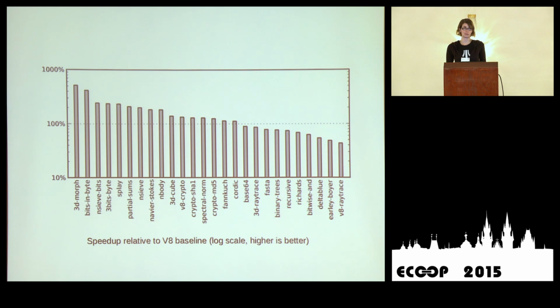This compiler has capabilities that are comparable with that of Higgs, so it has a very simple register allocator, and it doesn't do function inlining, just like Higgs. Higgs doesn't have some of the fancy optimizations of Crankshaft, like using SIMD instructions and such. So we are able to perform better than the baseline compiler on most benchmarks, sometimes by a few 100%.